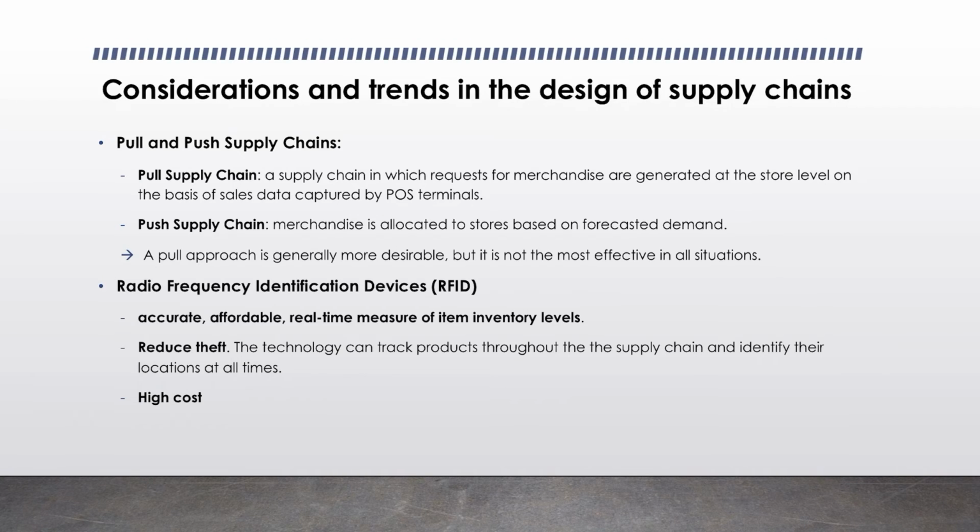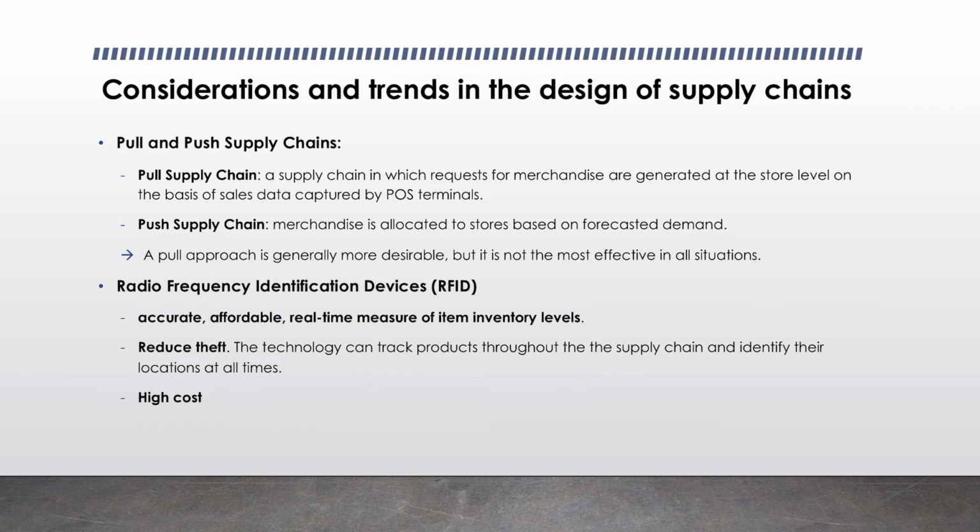Next one is radio frequency identification devices. In support of a pull supply chain, item-level RFID can benefit both retailers and vendors. For retailers, RFID provides an accurate, affordable, real-time measure of item inventory levels. Also, another benefit of RFID is to reduce theft.